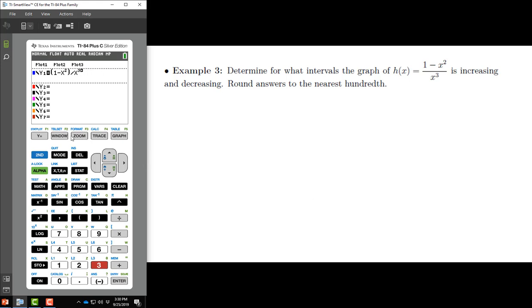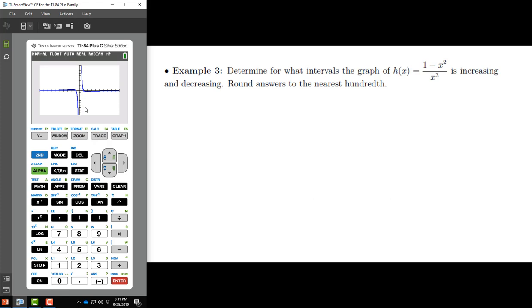All right, and we'll start ourselves with a standard window. So go to Zoom, Standard. All right, and so we see that. Now, with the view that I have right now, it certainly looks like I have a little local max here and a local min here. But it's really hard to see the change in elevation.